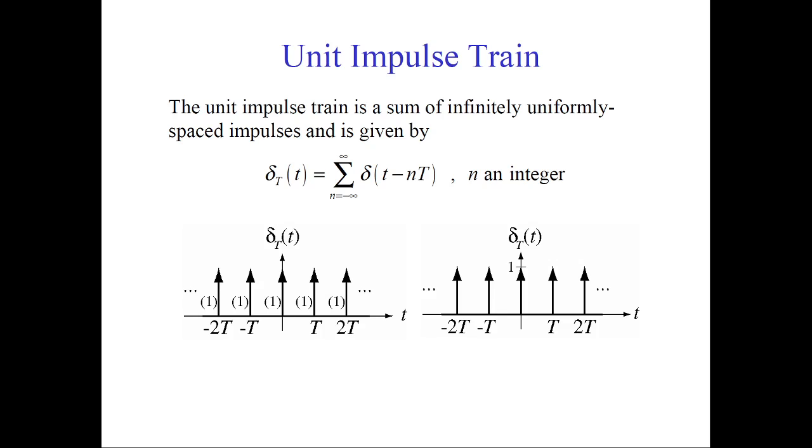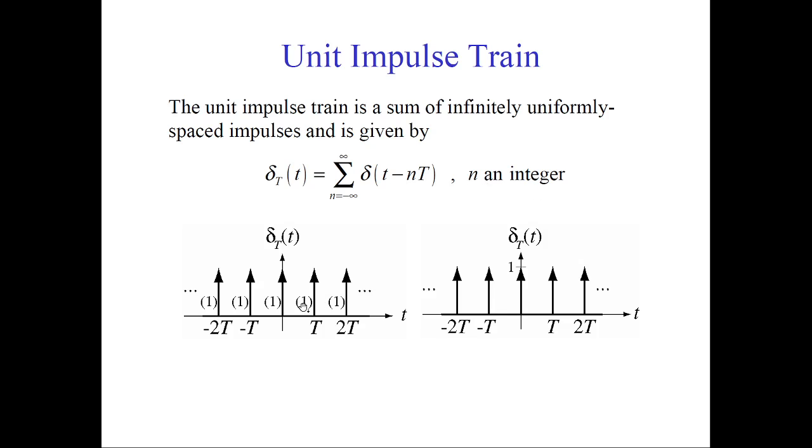Now the unit impulse train. What exactly is the unit impulse train? It is the sum of infinitely many uniformly spaced impulses, given by del T of t equals the summation of n from minus infinity to infinity of del of t minus nT, where capital T is the spacing and n is an integer.